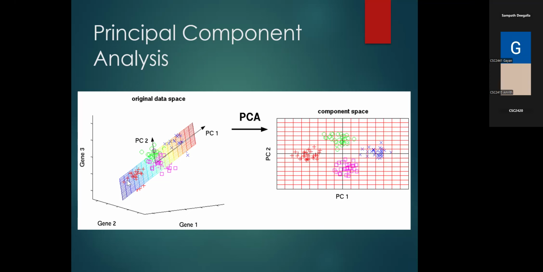In this particular case, it will select this plane and then the principal component. Our first principal component is along the highest variance, so you can see we can identify the first principal component in this direction.